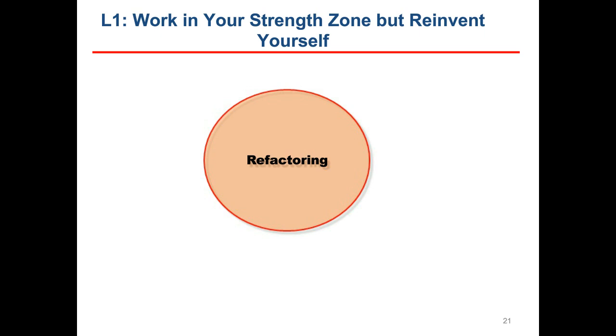But focus on some of the areas that you are excited about and good at, and I call this the strength zone. Spend most of your time and energy in that area. Don't even try to be good at everything because you're not going to be. Rather, partner with others in your areas of weakness so that their areas of strength complement your weaknesses.